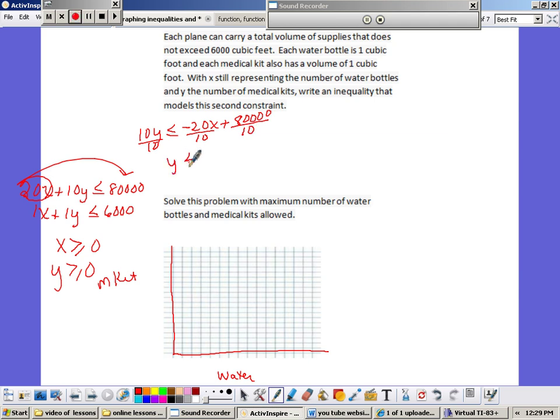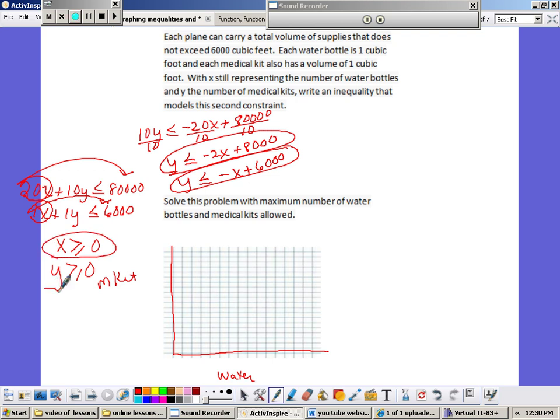Y is less than or equal to negative 2x plus 8,000. So there's my first equation with constraints. Second one, move my x over, and y is less than or equal to negative x plus 6,000. And x has to be greater than or equal to 0, y has to be greater than or equal to 0, so I'm shading in this area.